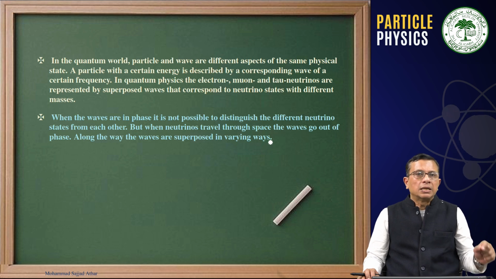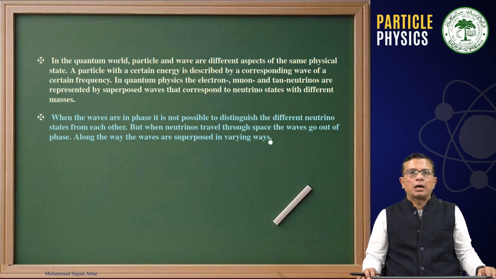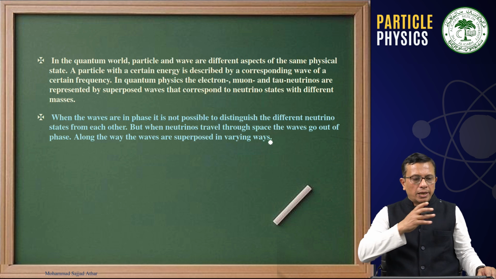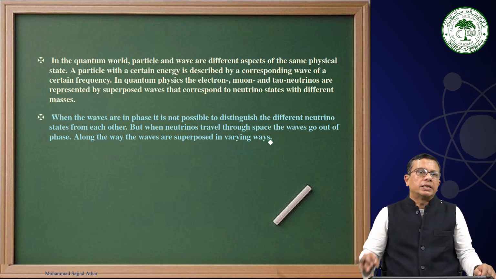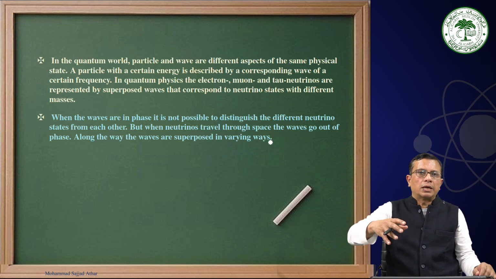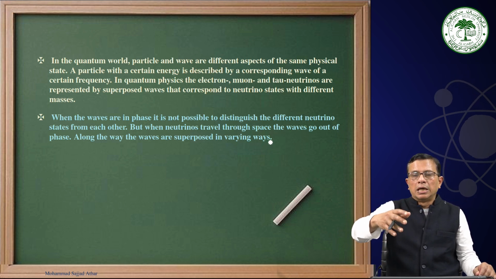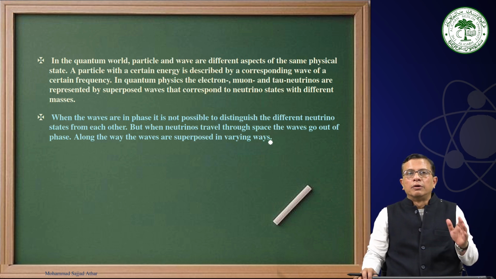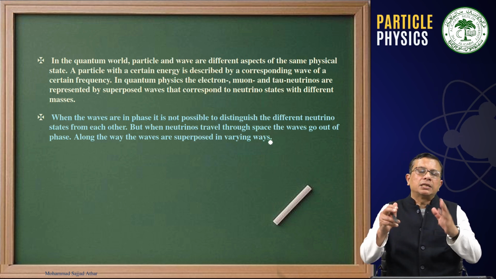Because of that, they have different frequencies, and when they travel in space, different phases get developed. And this superposition of these two waves, somewhere it will give rise to nu mu, somewhere it will give rise to nu e, and so on. Therefore, this oscillation from nu mu to nu e and then back to nu mu will happen as the neutrinos travel in space.